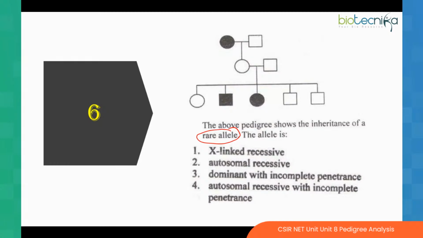But the individuals who are born in the family only have a chance of having the allele, but anybody who is married into the family for sure will not have the allele. Now, using that information, we have to analyze here.